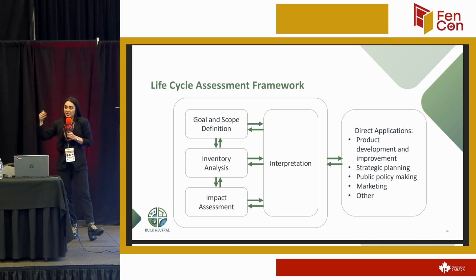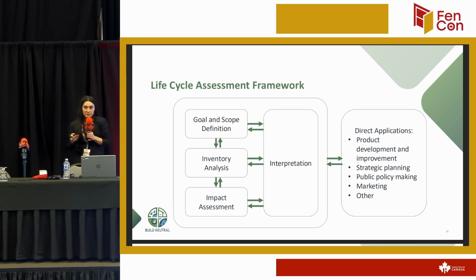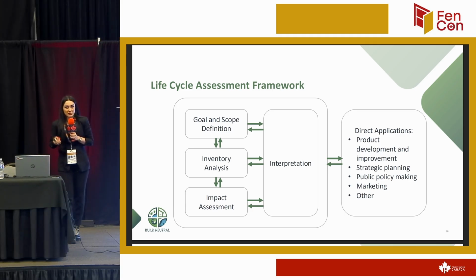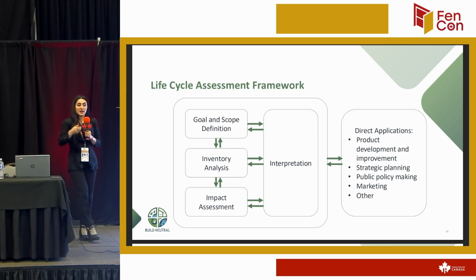And then based on that, we are gathering all the inputs and outputs that go into your system, like how much silica, how much steel, for example, how much aluminum, how long it took to transport those raw materials to your manufacturer. Then we transfer all those inputs and outputs, which we call life cycle inventory, into impact assessments, which are the potential impacts.